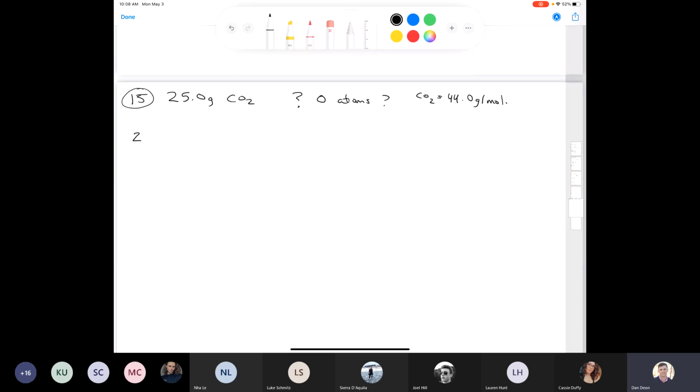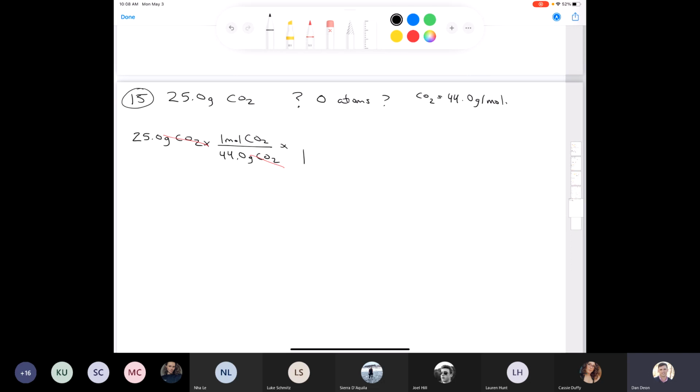All right, well, we're starting out with 25.0 grams of CO2. Let's see if we can't solve this by dimensional analysis. We know that in 1 mole of CO2, we have 44.0 grams of CO2. If we were to stop right here, all we would have is the number of moles of CO2, but we want the number of oxygen atoms.